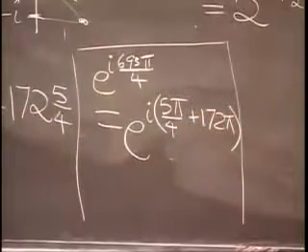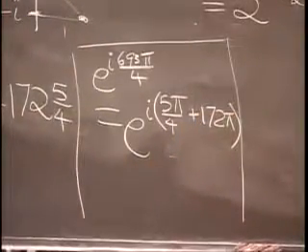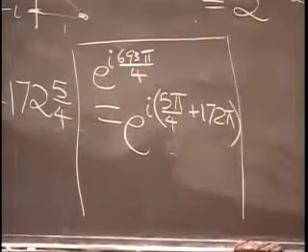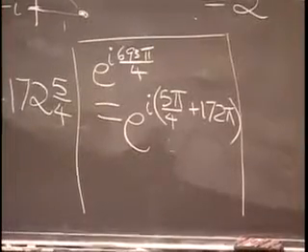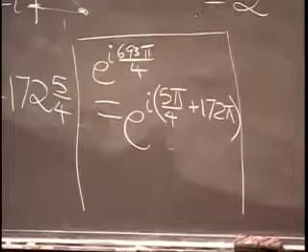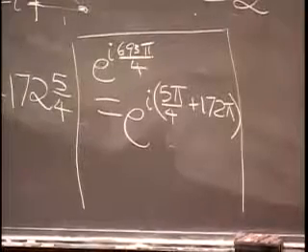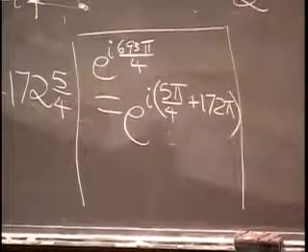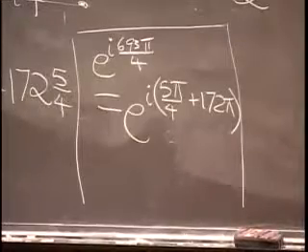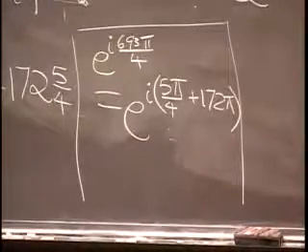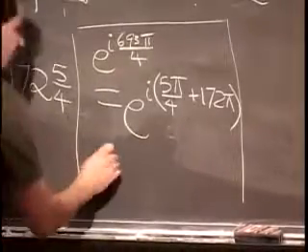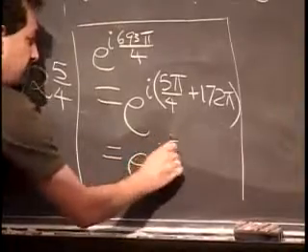And when you look at that 172 pi, it doesn't matter, because it's an even multiple of pi. As it turns out, it's like 86 times around. But it doesn't matter how many times around it is. If you've got an even multiple, it goes away. So this is just e to the i 5 pi over 4.